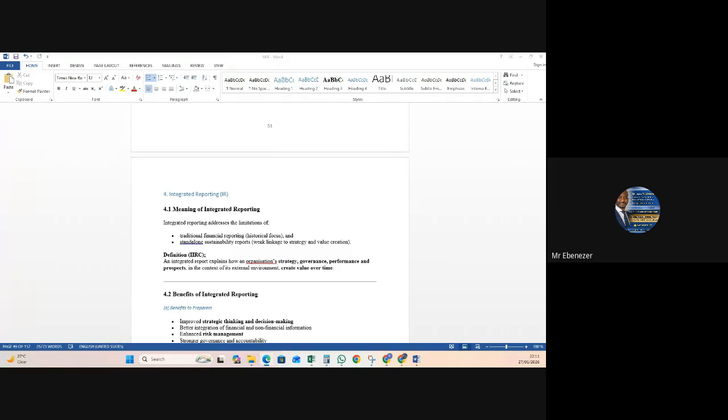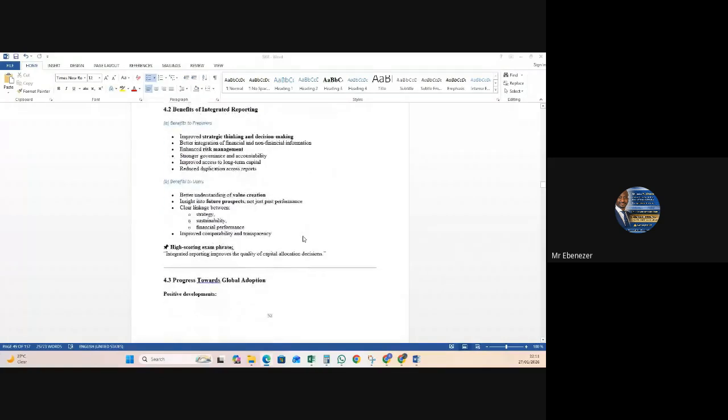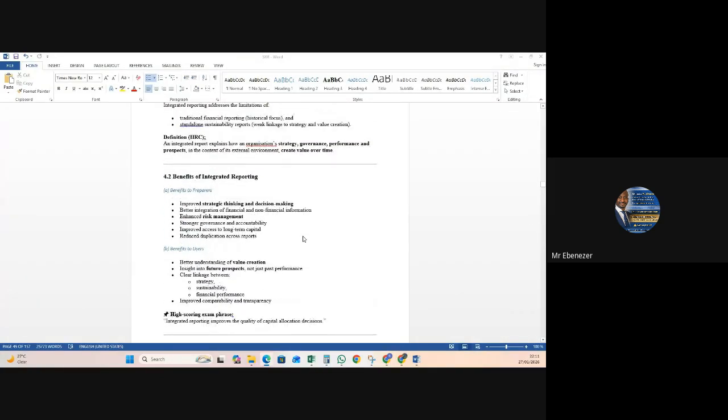Now, there's something called the rise of integrated reporting. How did we come about integrated reporting? Integrated reporting is increasing because senior management in large organizations are now expected to provide more details on how they use the organization's resources.